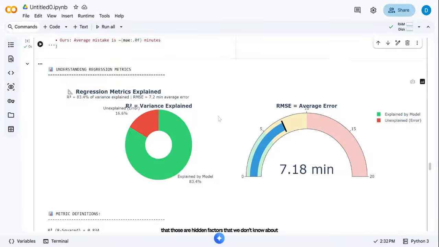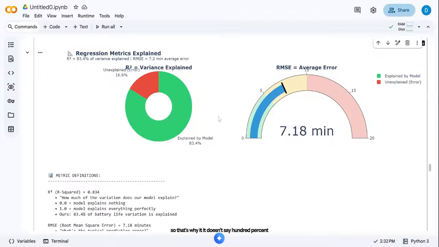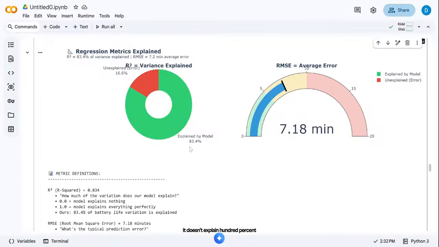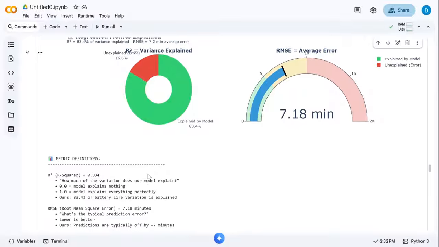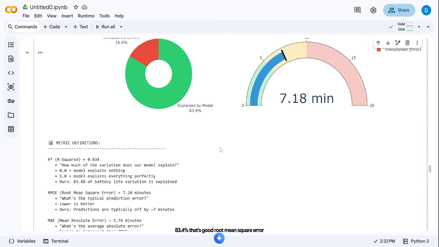Those are hidden factors that we don't know about. So that's why it doesn't say 100%. It explains only 83.4%. How much of the variance does our model explain? 83.4%. That's good.